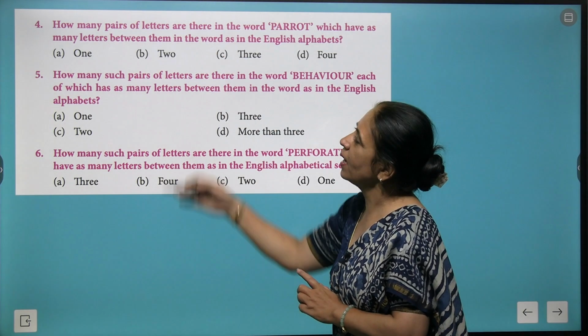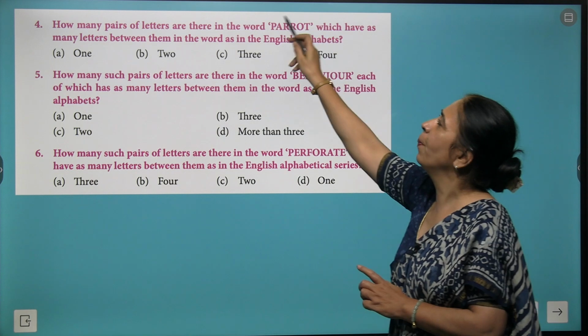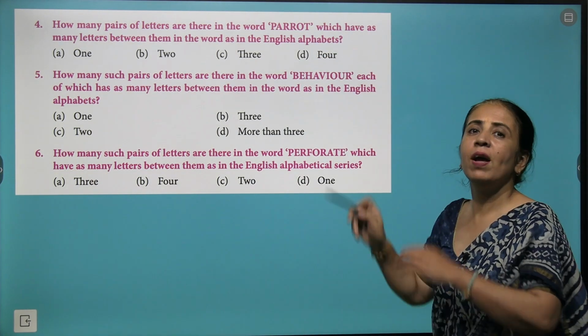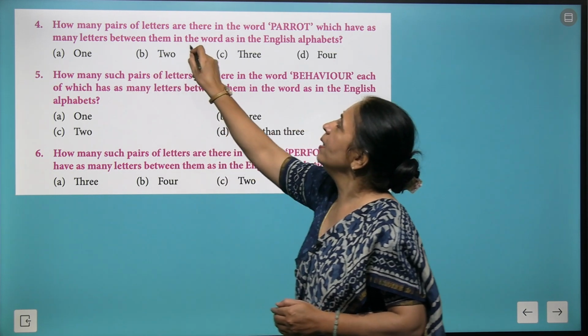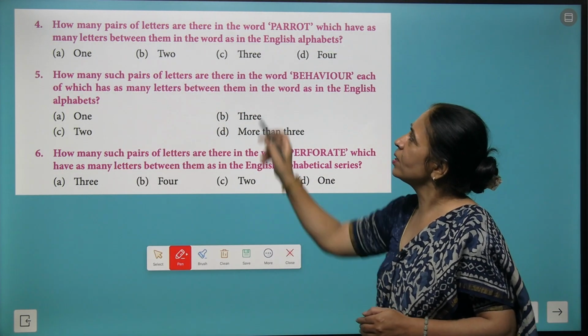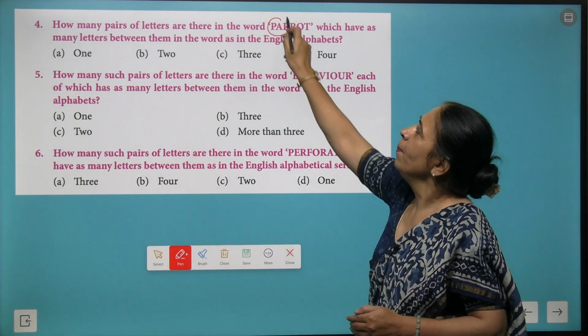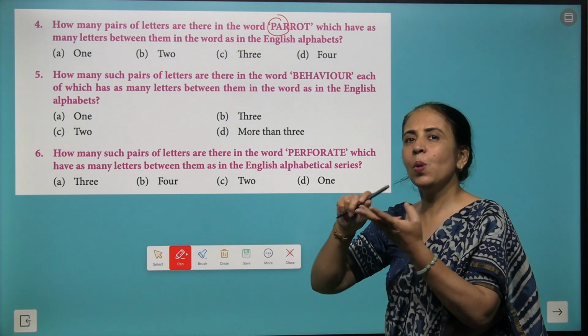And the questions here are, how many pair of letters are there in the word parrot which have as many letters between them in the word as in the English alphabet? So very interesting question. If you see P-A-R, that means we have P-Q-R.